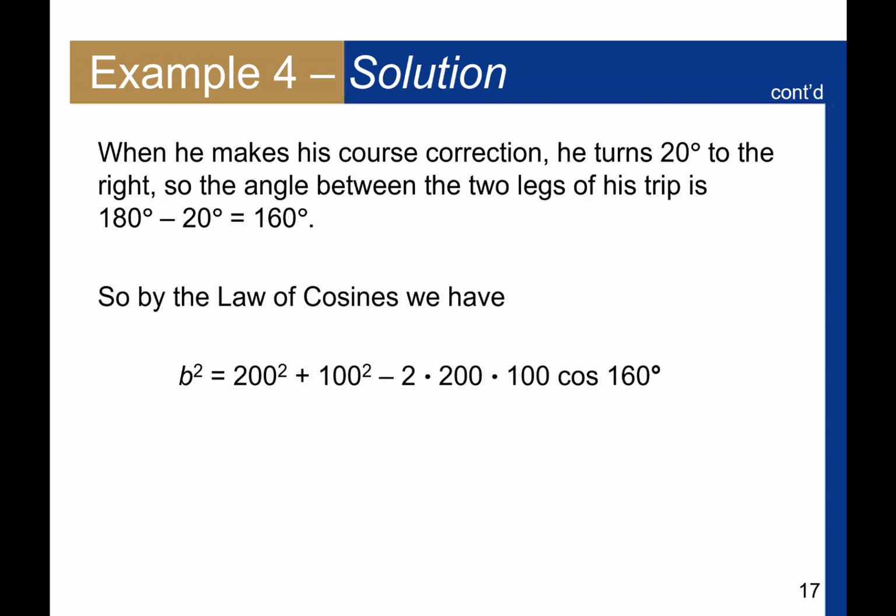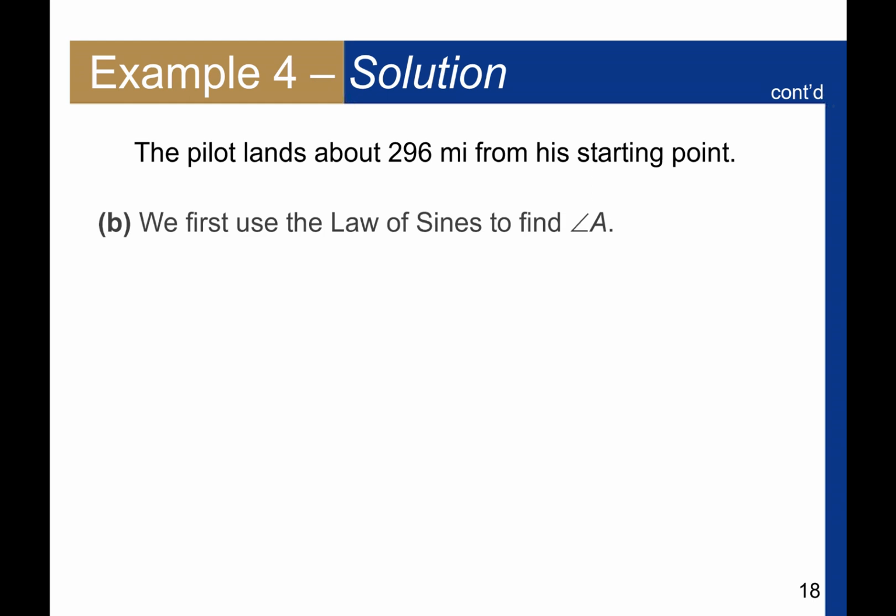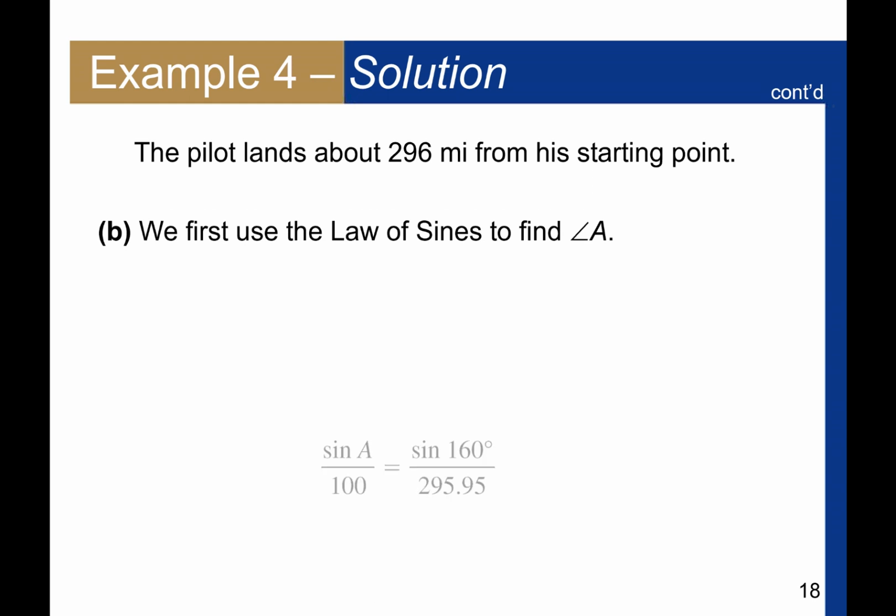We could take the shorter version here and just use the law of sines. So the sine of that angle inside the triangle divided by, again, the side opposite was 100, is equal to the sine of 160 over the newly discovered 295.95.